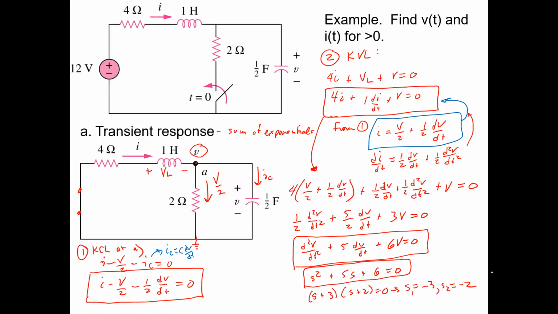You already know it's overdamped. And again, this is just the transient response. So we know the transient response then is going to have the form of a1 e to the minus 3t plus a2 e to the minus 2t.